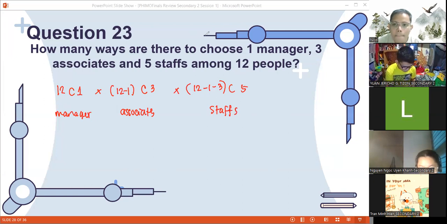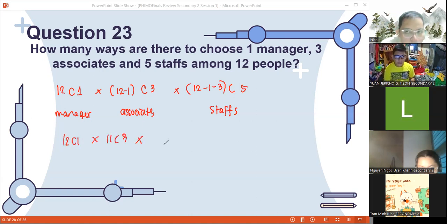Okay, so that is 12C1. That is just 12 times 11C3. That is 11, so 165. You know how to use this one, right? It's 12C1, 11C3, then this is 8C5. So this is 12, this is 11, 3, 8, 3, 8, correct?